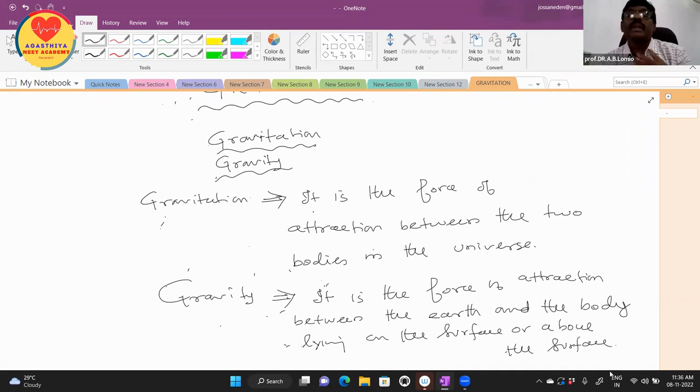Understand? Gravitation is the force of attraction between two bodies in the universe, whereas gravity is the force of attraction between the earth and the body lying on or above the surface.